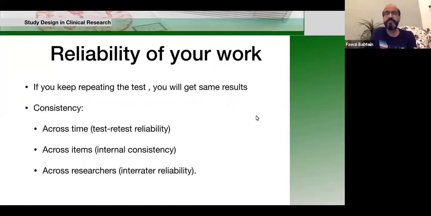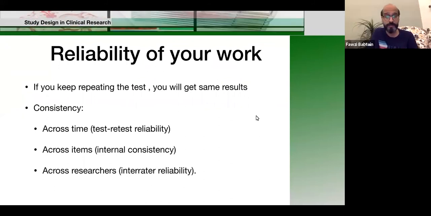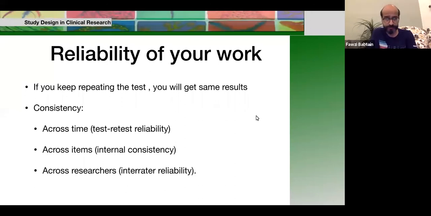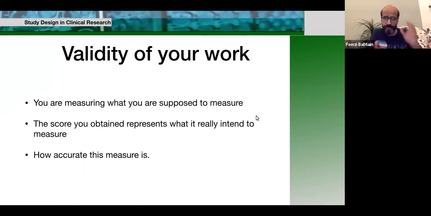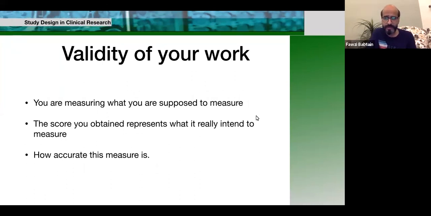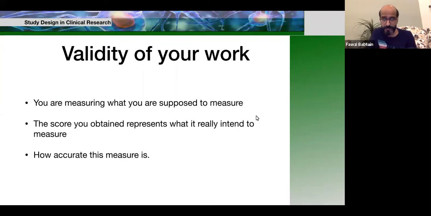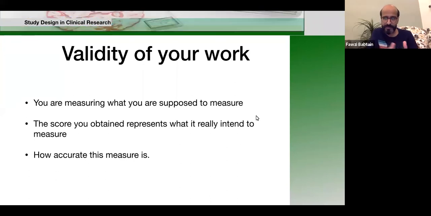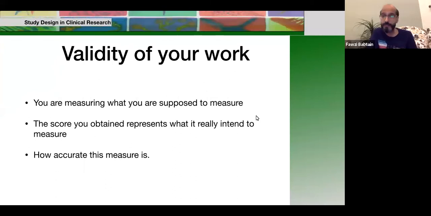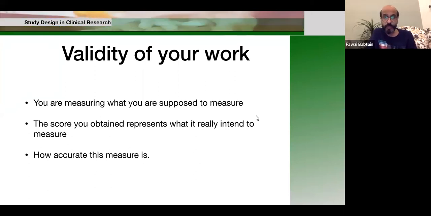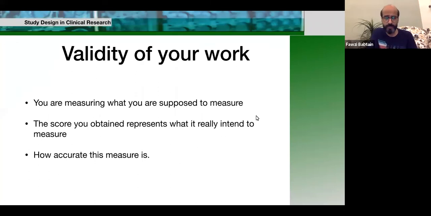You need to think of this when you plan your quantitative testing, for sure, the quantitative study that you are doing. The validity, on the other hand, the meaning is easy, but the application can be a little bit tricky. If you are really measuring what you are supposed to measure, this is validity. So a valid test is one that truly measures what it is supposed to measure.